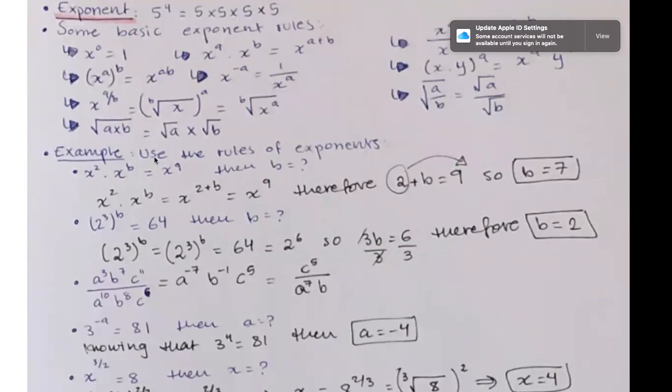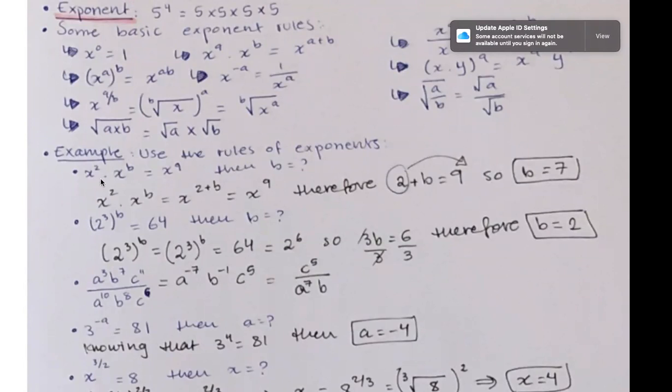So an example would be here. Use the rules of exponents to find the following. We have x to the power of 2 multiplied by x to the power of b equals x to the power of 9. In this case, he's asking for b, right?